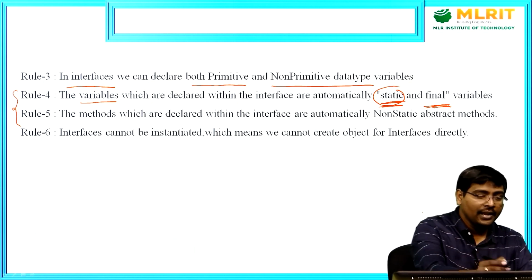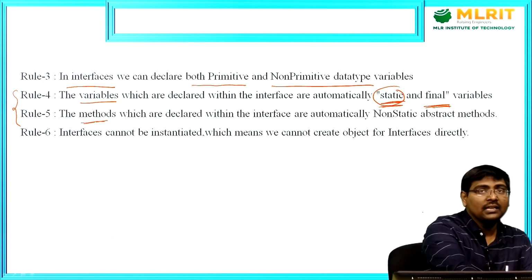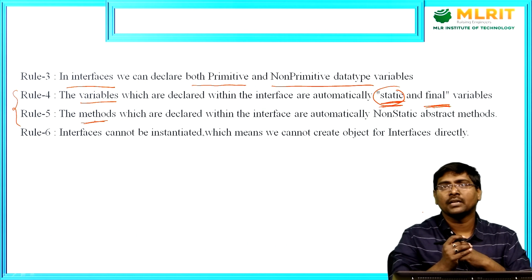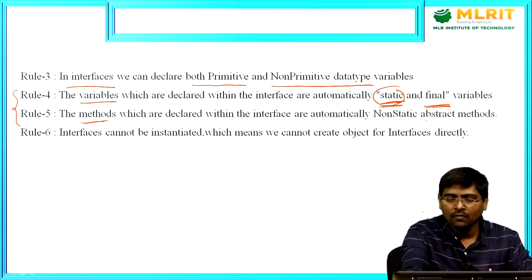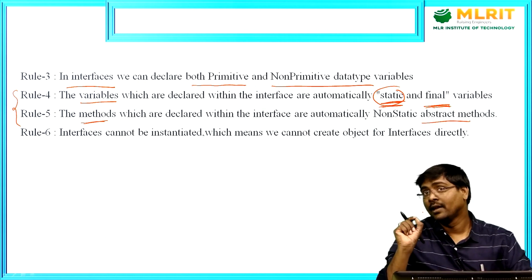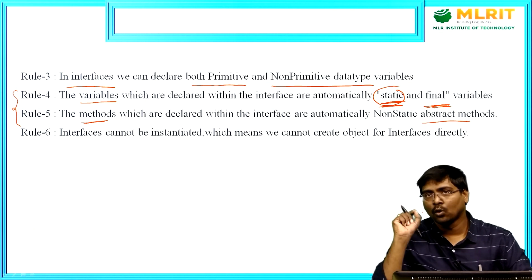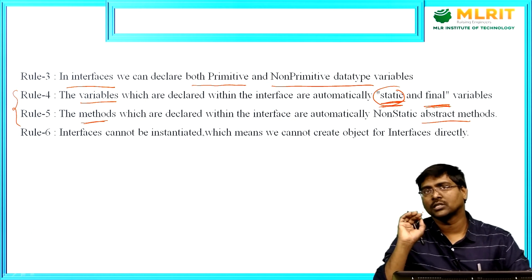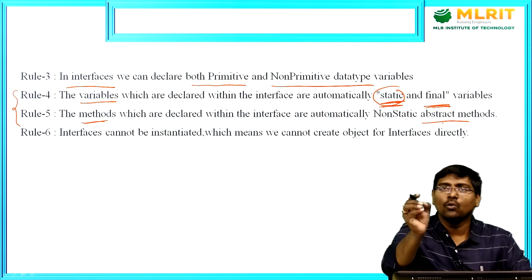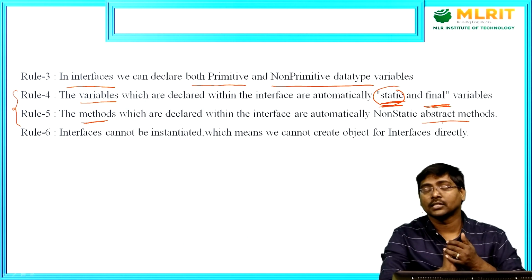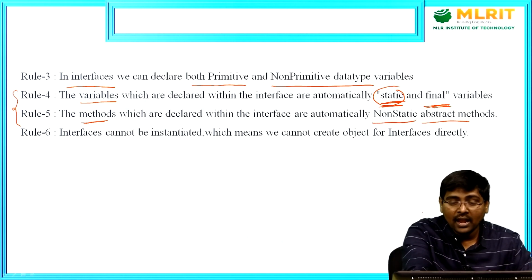Now, next, once you declare the methods in the interface, the methods are always abstract methods. Generally, there is no concrete concept up to version 7, so the methods are only abstract methods. And non-static.